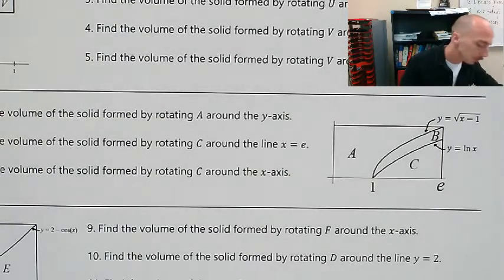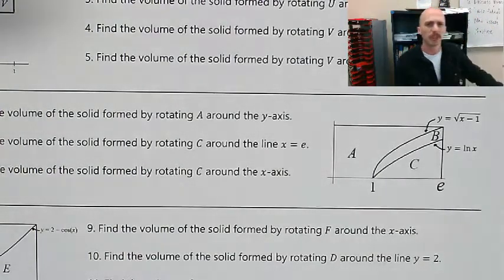That's the cross-section volume, and I'm sure we'll do that when that time comes. So for now, we're going to rotate A around the y-axis, rotate C around the vertical line x equals e, which is the right side of C, and rotate C around the x-axis. So that'll be good disk problems. Okay, so 6, 7, and 8.